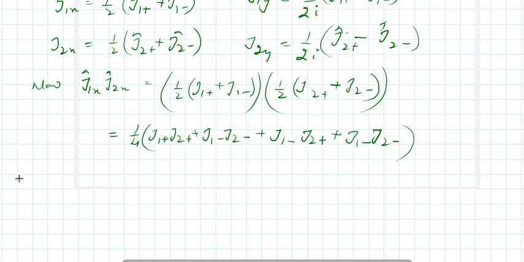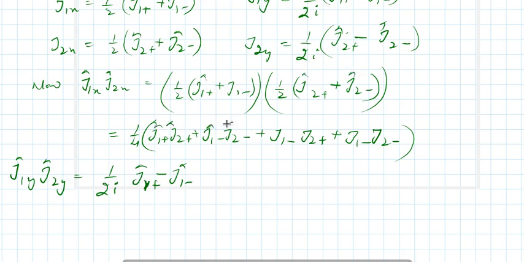And similarly I can write the value for j1y j2y as equal to 1 by 2i (j1 plus minus j1 minus). Sorry, I missed writing the hat over this, because all are operators.